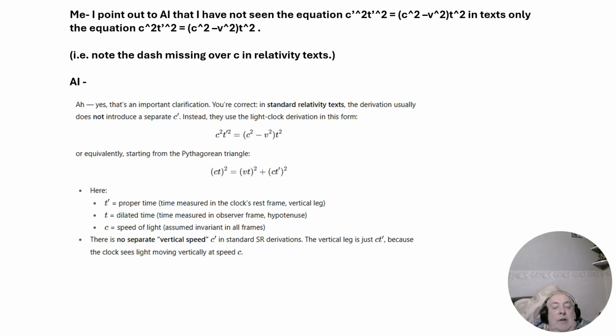In standard relativity texts, the derivations usually do not introduce a c prime. Instead, they use the light clock derivation in that form shown. So they're already assuming c equals c prime.